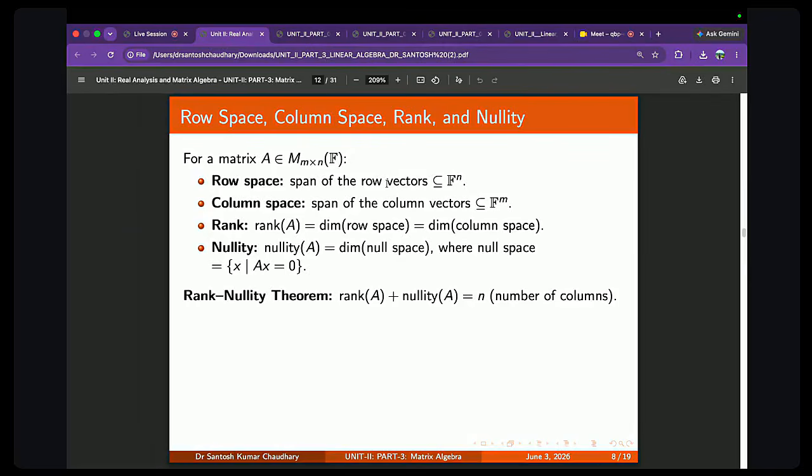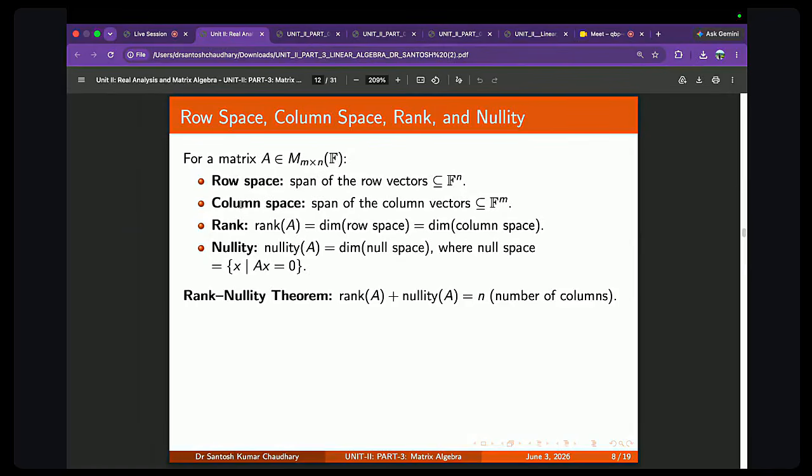The vector space generated by row vectors is called the row space. You have already seen that the span of vectors is a vector subspace. So the vector subspace generated by the row vectors will be called the row space.